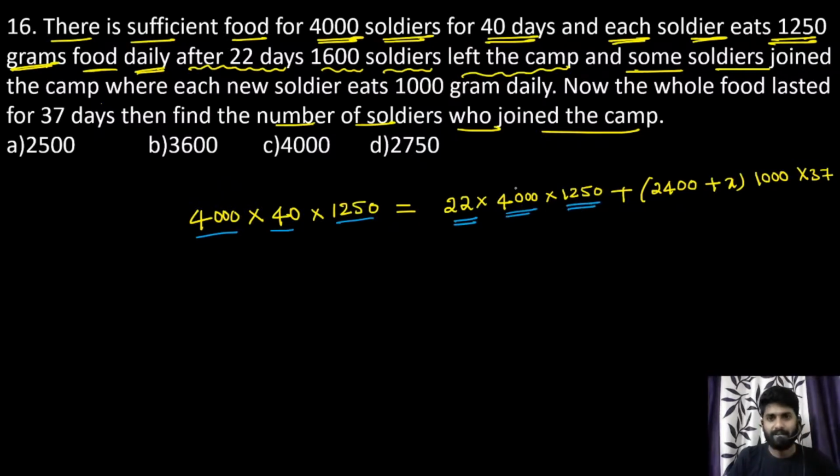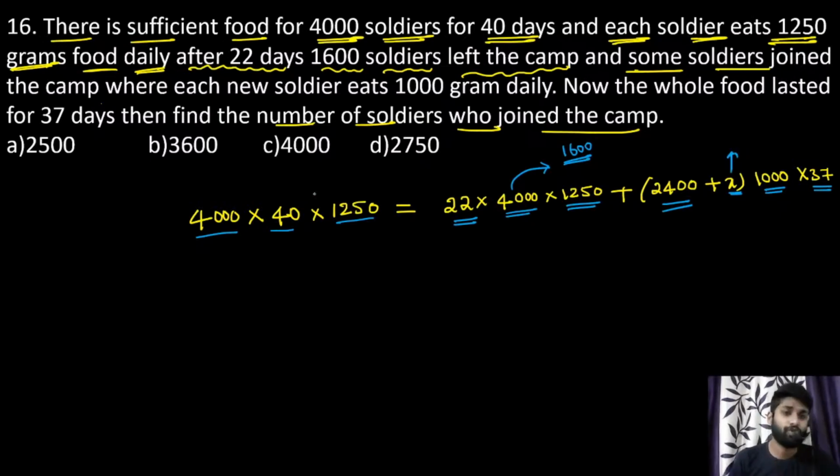Now the number of persons in the camp is 2400. Some soldiers are added, each consumption becomes 1000, and the remaining food lasts for 37 days. Now find the value of x.